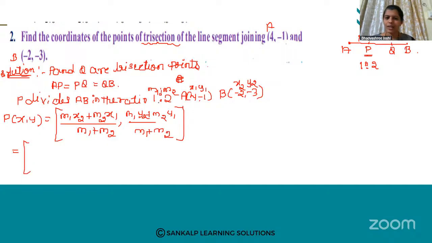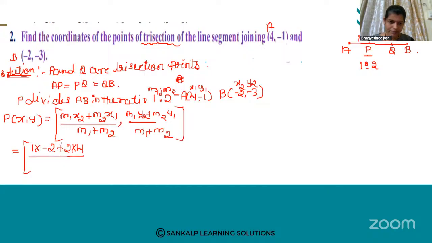M1, what is the value of M1? M1 is 1, right? 1 into x2. x2 is minus 2 here. Yes or no, dear children? Minus 2. Plus m2 is 2 and m2 into x1. x1 value is 4, right?